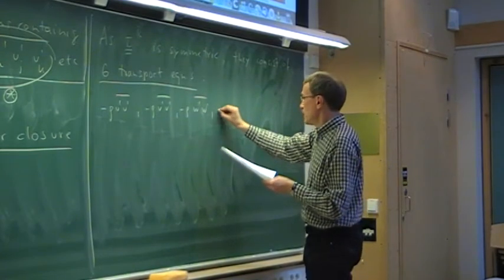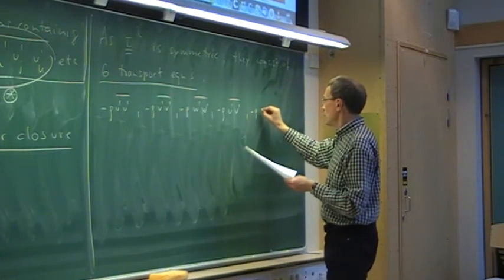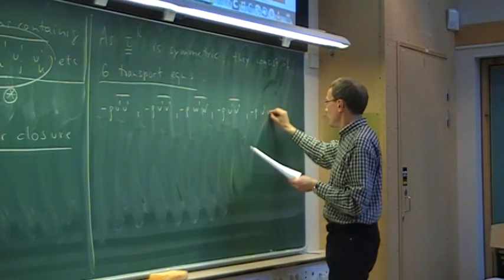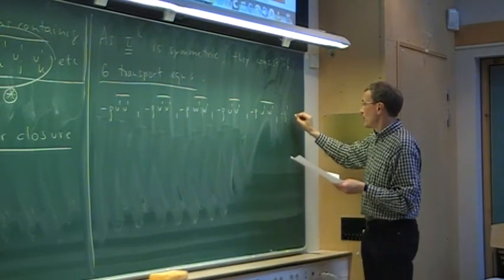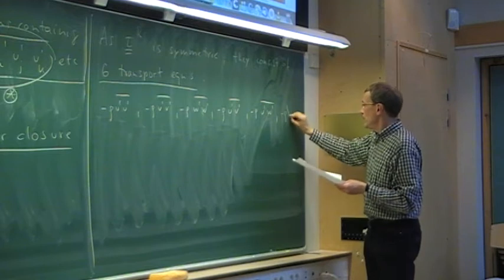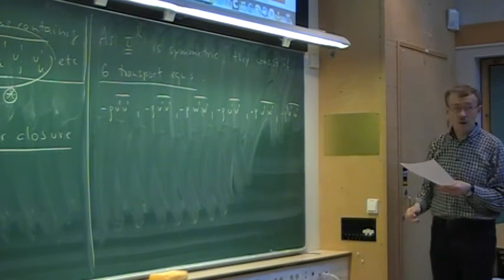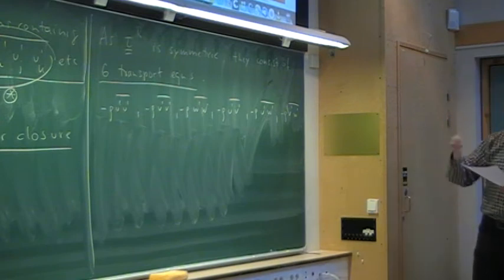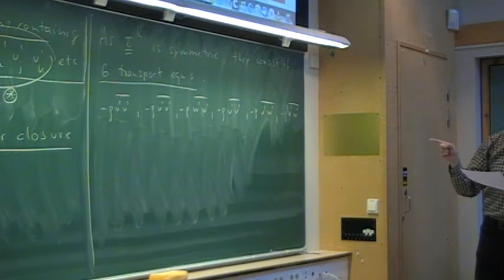It is minus rho u prime v prime, minus rho u prime w prime, and finally minus rho v prime w prime. So those are the 6. Now I wrote the components in the usual form. So these 6 transport equations have to be solved to get the 6 components of the Reynolds stress tensor.